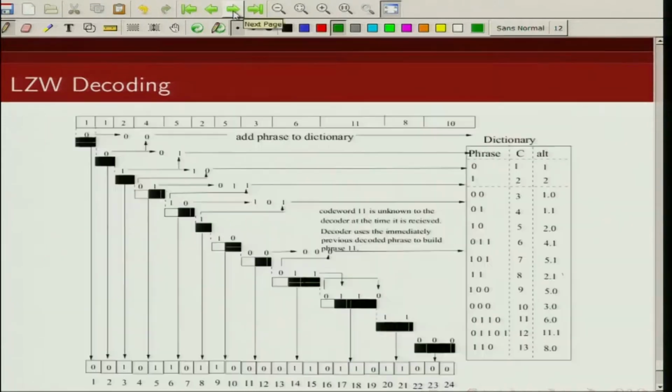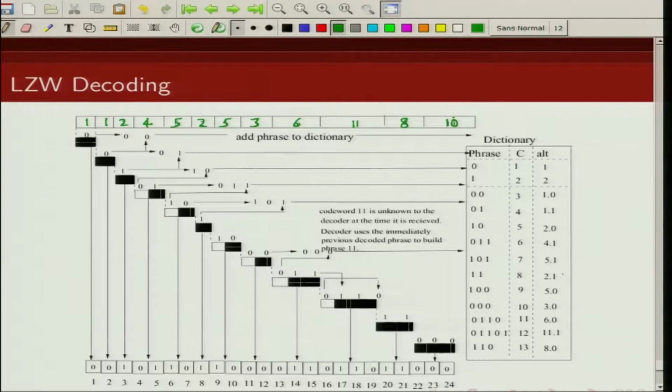So let's look at the decoding. What we have received is this: 1 1 2 4 5 2 5 3 6 11 8 and 10.